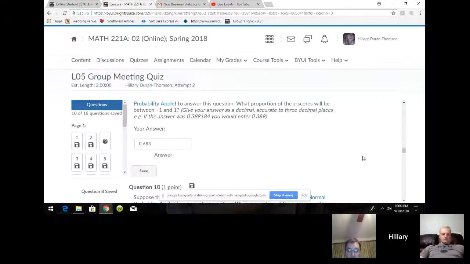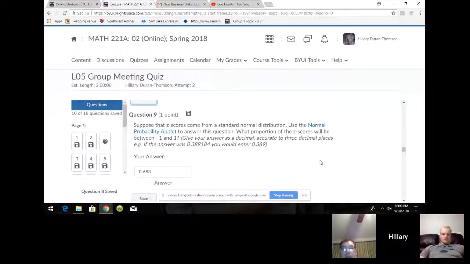And then 9, I have 0.683. Oh wait, so I'm different. It's because I pulled up that normal probability applet, and don't we plug it in at the bottom there? Yeah, where the negative ones would be. Unless I did it wrong, because I went -1.